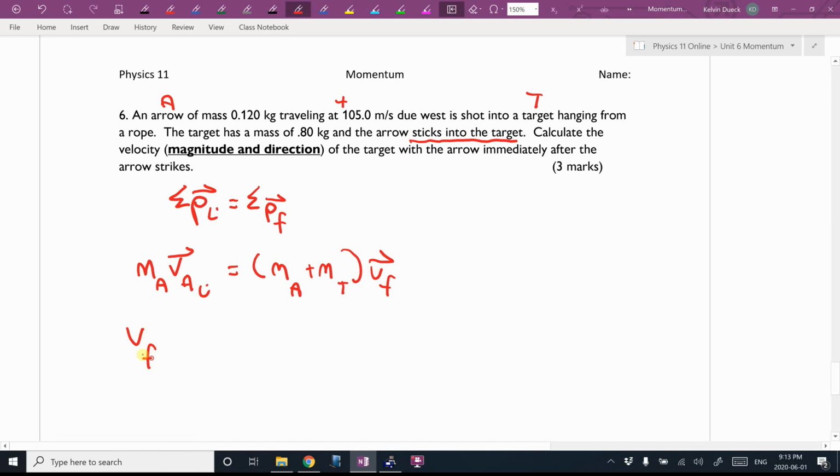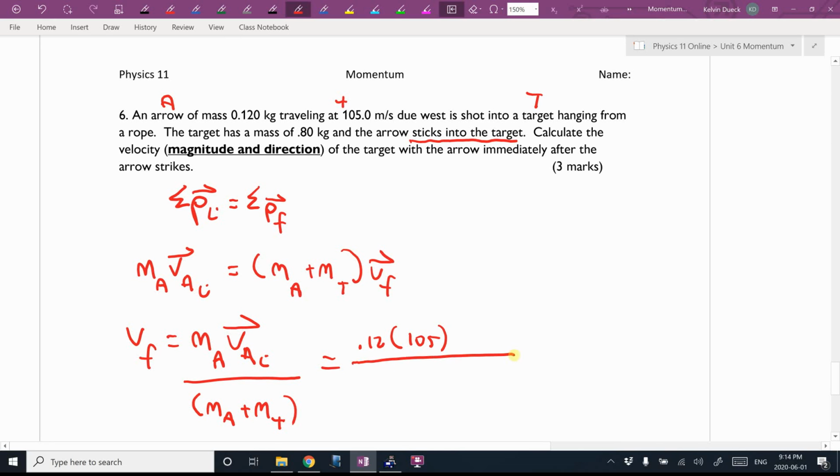V final is going to be the mass of the arrow, velocity of the arrow initial, all the momentum of the arrow, divided by, since they stuck together, now that momentum has to move both of them. It's going to be 0.12 times 105, pretty fast bow and arrow, but not crazy fast.